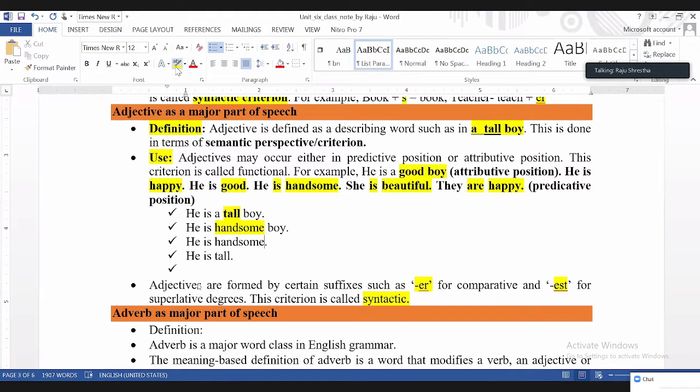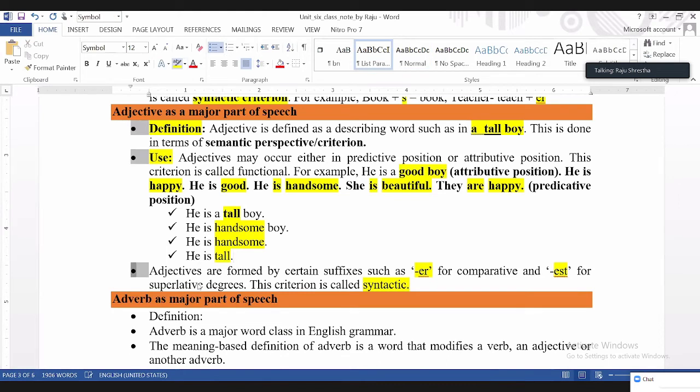Then handsome is what, this is after be verb; tall is what, after be verb. So these are the different positions of adjectives. यो position बाट हामीले भन्न सक्यो कि one is before noun, another is what, after be verb. So these are the two locations or two places where they occur. Syntactic part we checked. Now adverb definition के हो, what is adverb?